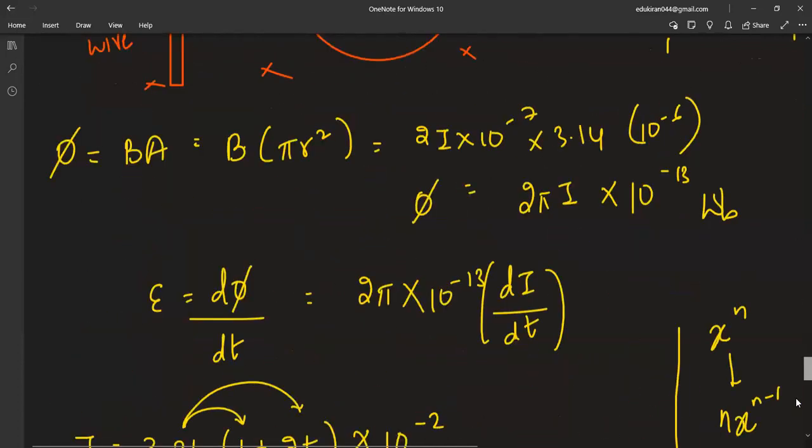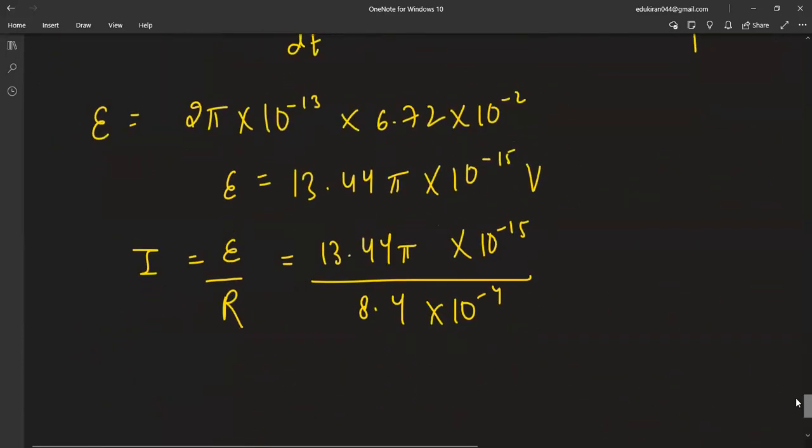So this is clear. This is how we'll find out the current. And yes, one more thing, when we are talking about the direction: according to Lenz's law, due to increase in current in the wire, flux linked with the loop will increase. Understood? Due to the increase in the current, flux linked in the wire will increase.